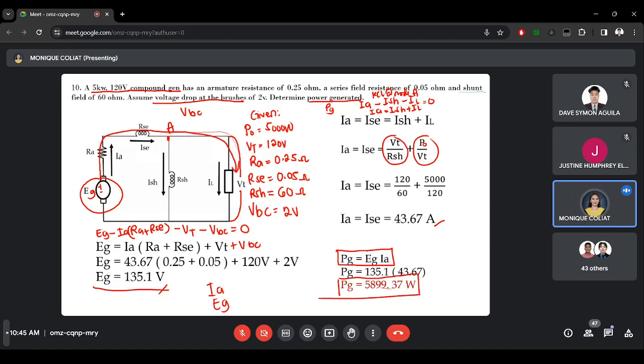Basta alam ninyo, kapag marunong kayo mag-conceptualize ng isang circuit, then you can get the equation. Kahit hindi ninyo siya sauluhin, you can get the correct equation if you know the concept of the circuit. Ano ang maximum demand natin?